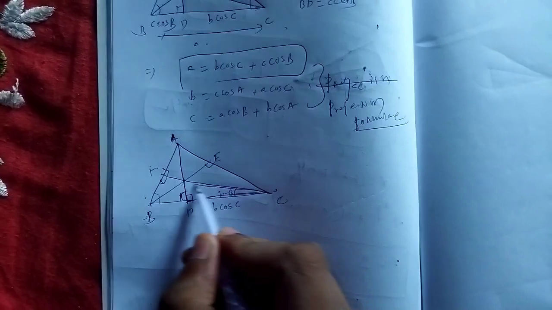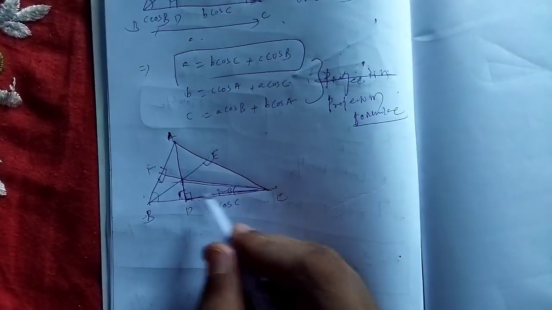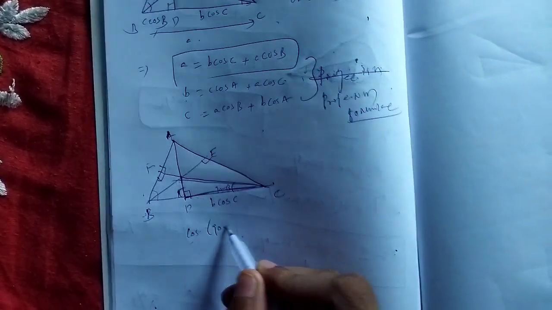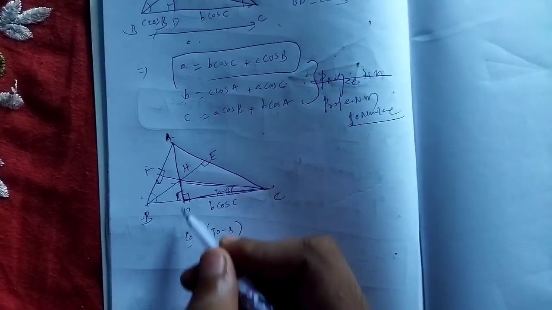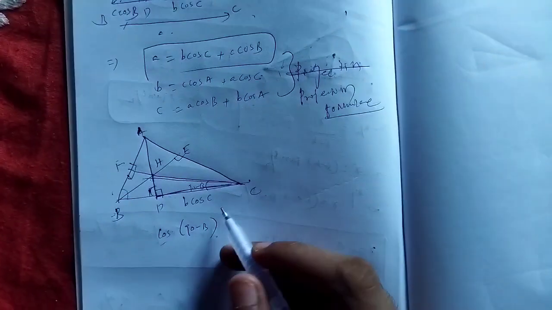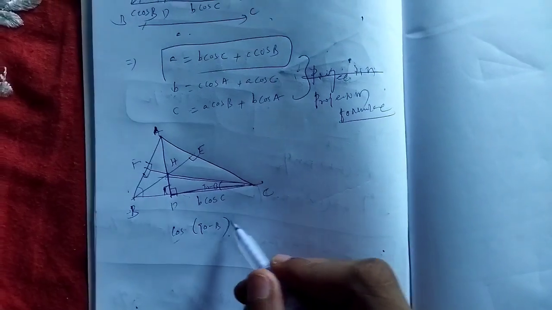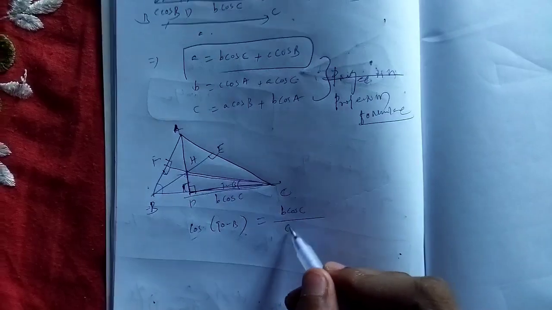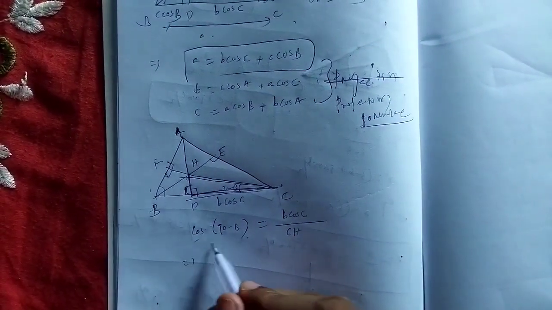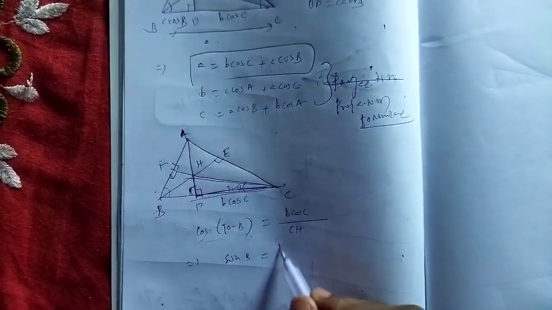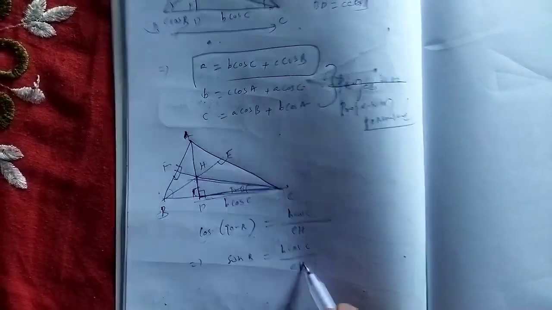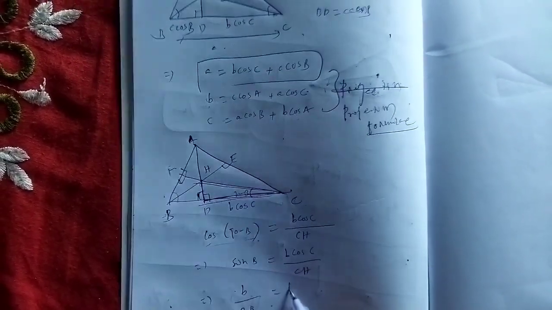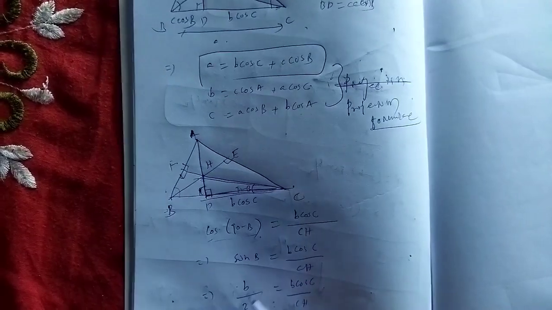So in this right angle triangle, if we try to find cos (90 minus B), the orthocenter is generally denoted by letter H. So cos (90 minus B) equal to b cos C by CH implies that sin B equals b cos C by CH.